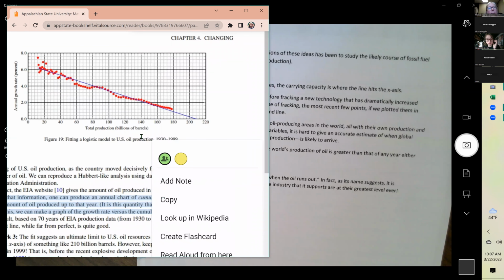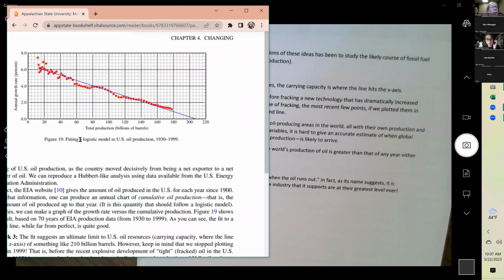It's total production in billions and annual growth rate. And this is for oil.